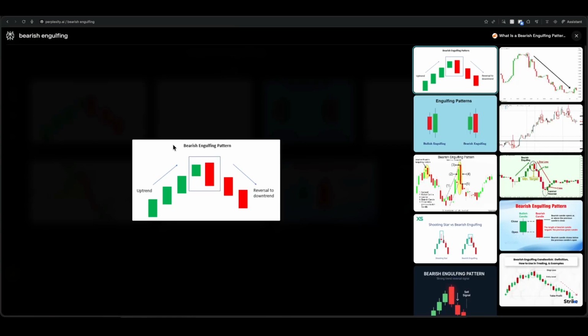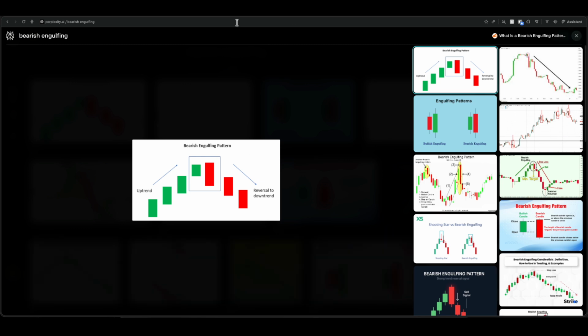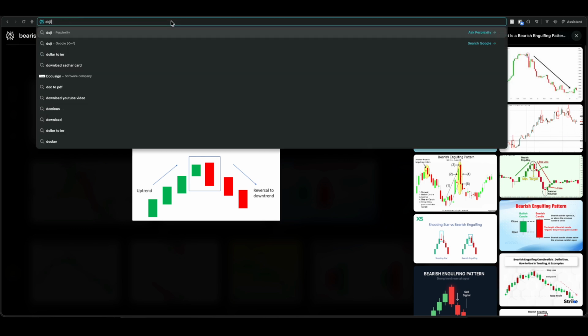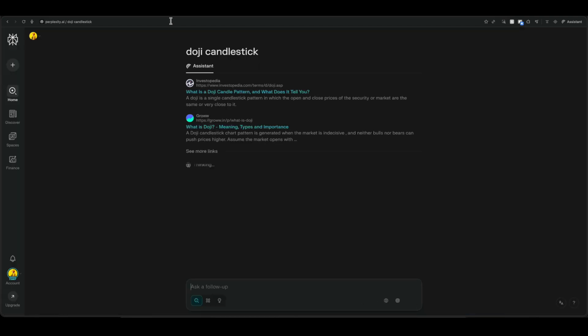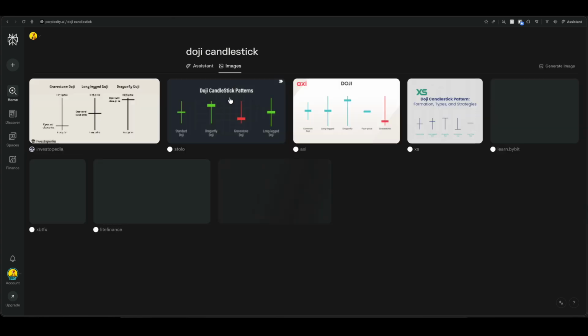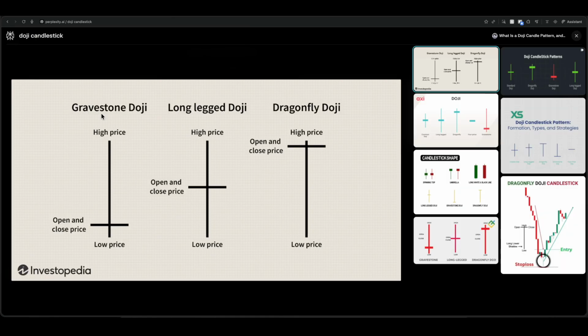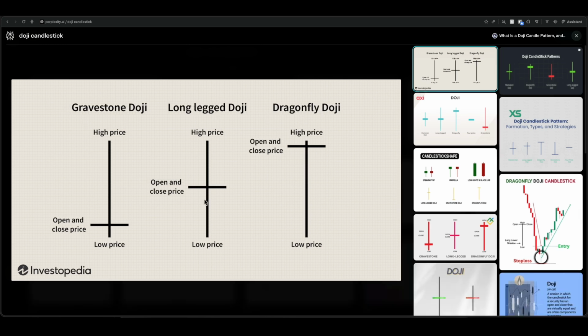So here is an example of a bearish engulfing pattern. After that, let's move to the doji. Doji is the best candle to identify because with the doji there is no body, there are only wicks. So here are three different types of doji: gravestone, long-legged, and dragonfly doji.